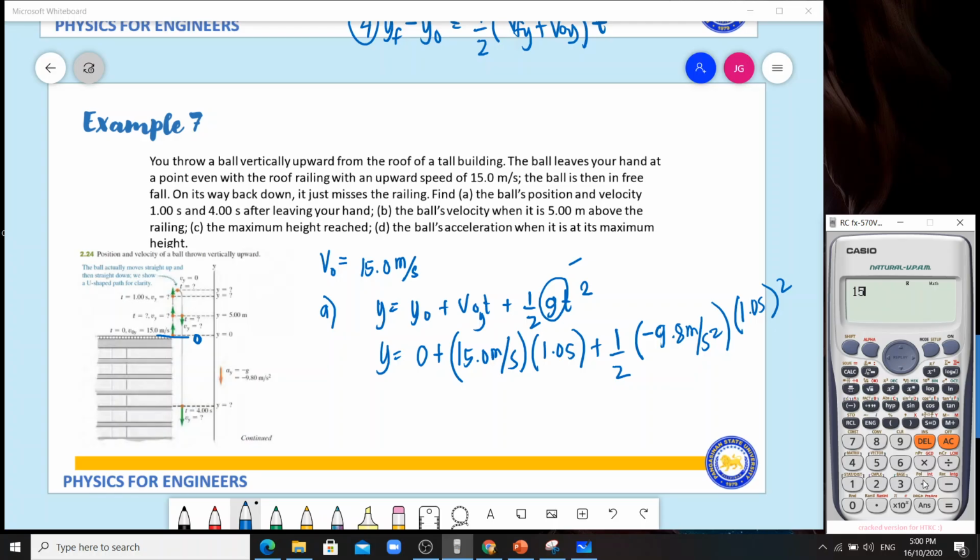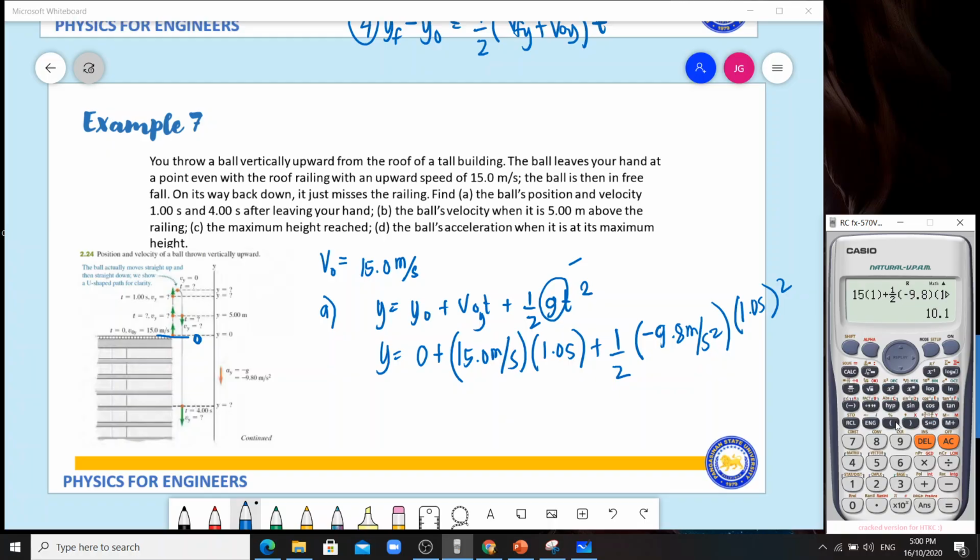Okay, so let's compute. 15 times 1, okay, plus 1/2 times negative 9.8 times 1 second squared.